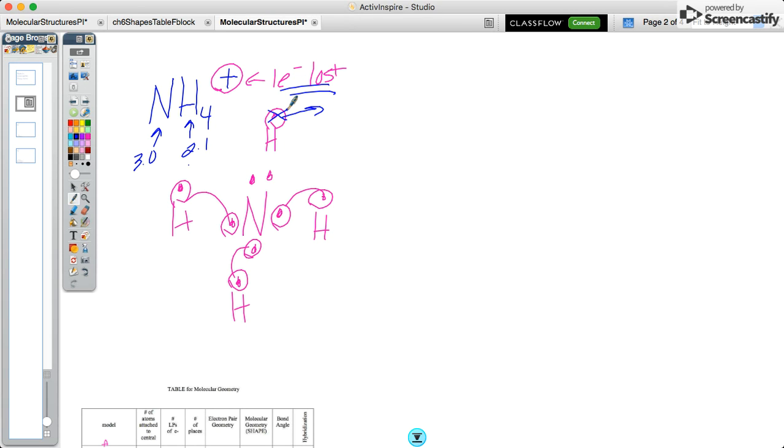So I'm down 1 electron total, and I see then that I have this lone pair of electrons, and what I want to envision is this hydrogen coming in and sitting in on this lone pair of electrons. That's called a coordinate covalent bond. A coordinate covalent bond is when the electrons are donated by one atom. So it's a covalent bond, but nitrogen is contributing both of those electrons.